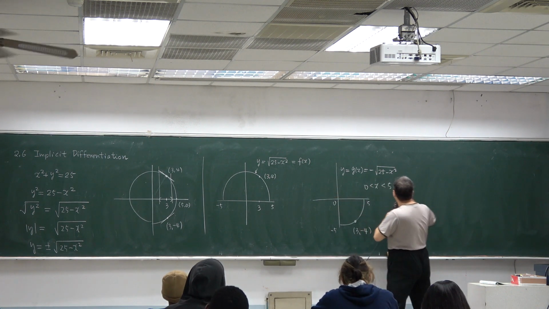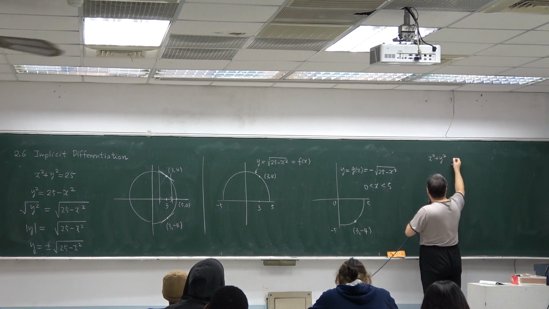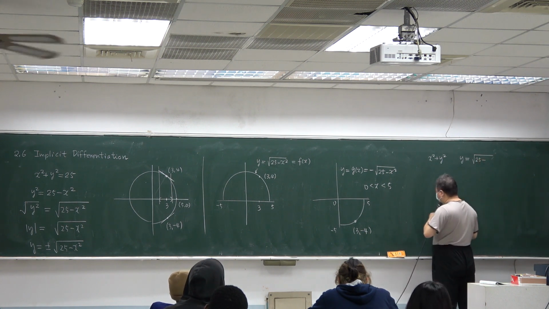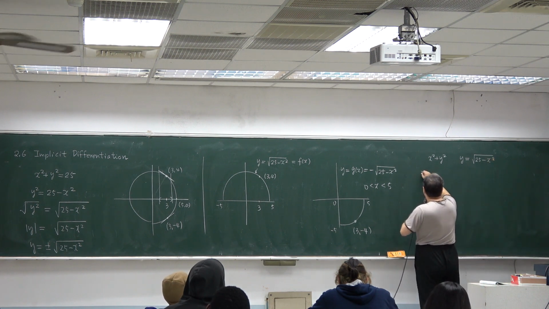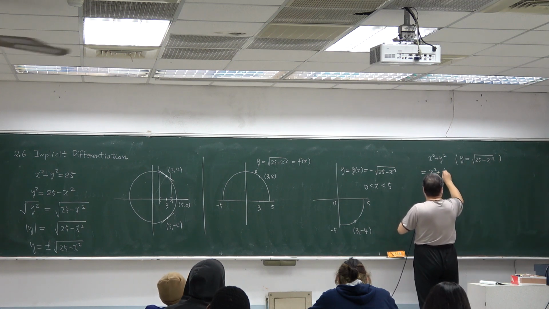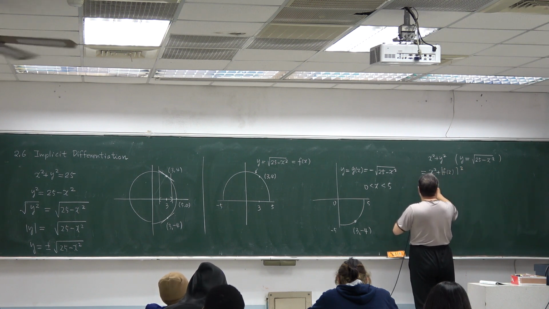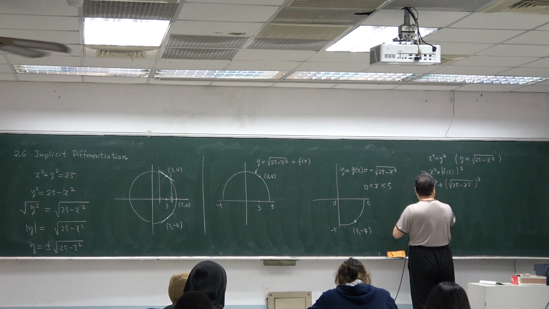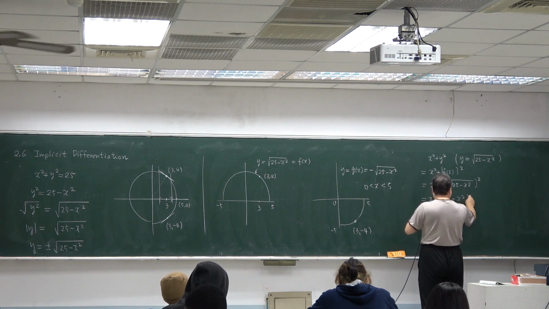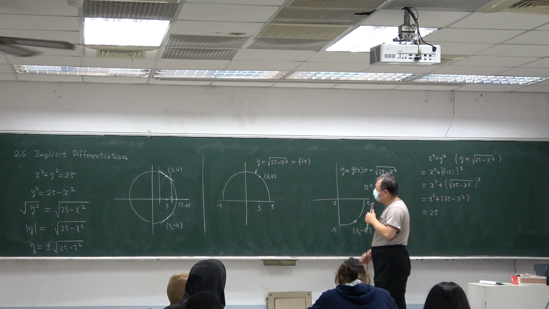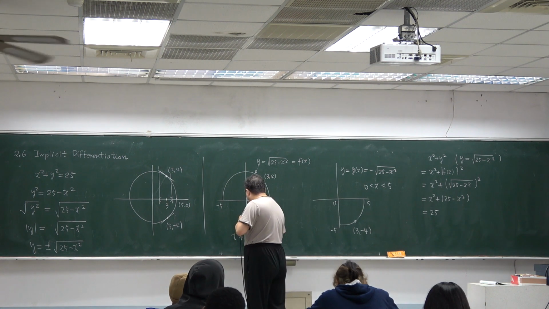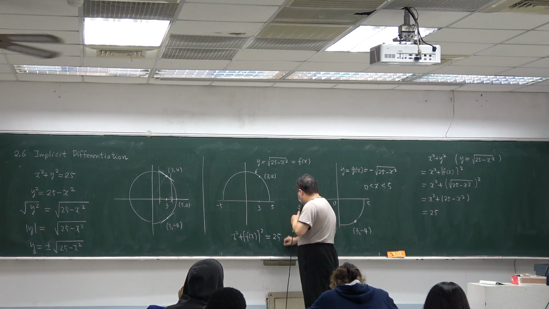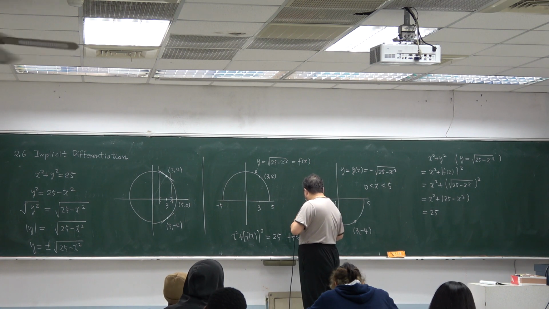For example, that function, x squared plus y squared, if y equals the square root of 25 minus x squared, therefore, we have x squared plus this function squared equals 25, when x is between minus 5 and 5.